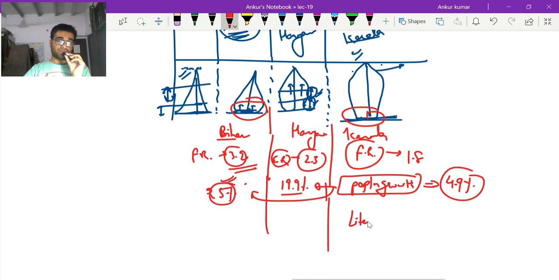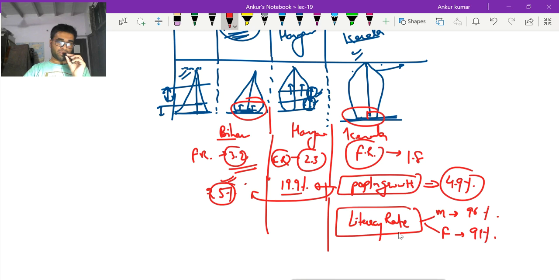Similarly, if you see the literacy rate, in Kerala the male literacy rate was 96% and the female literacy rate was 91%. In Haryana, the male and female literacy rates were 85% and 65%.